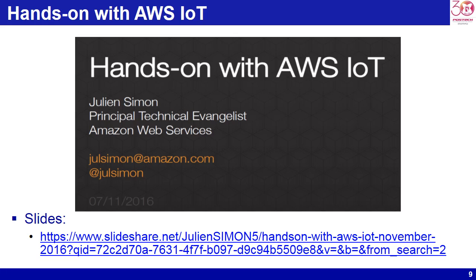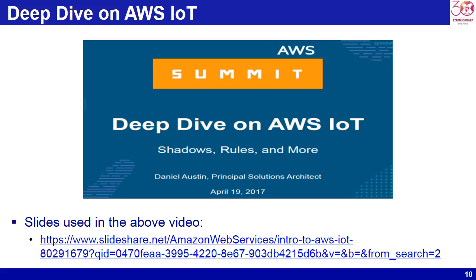Please follow the slides titled Hands-on with AWS IoT on how to use AWS IoT. The slides are available from the given URL below. Please follow the slides titled Deep Dive on AWS IoT on how to use AWS IoT. The slides are available from the given URL.